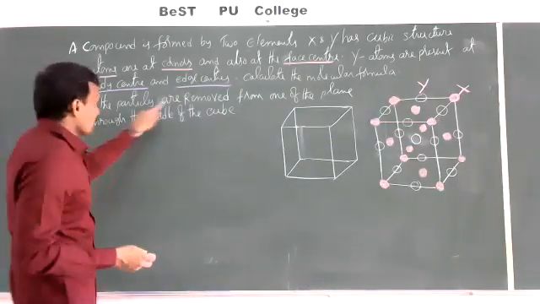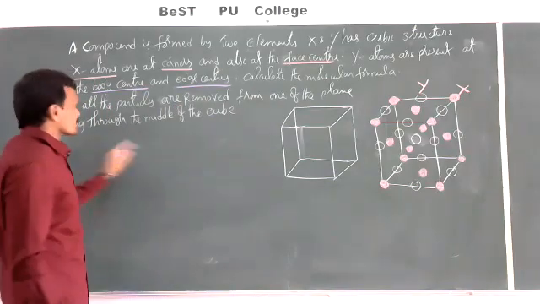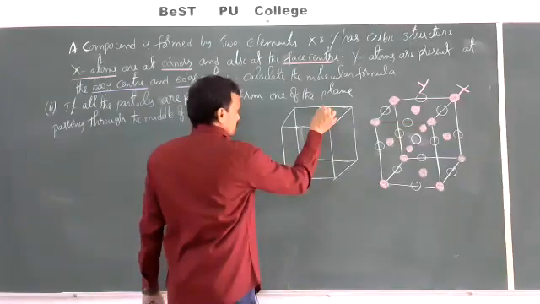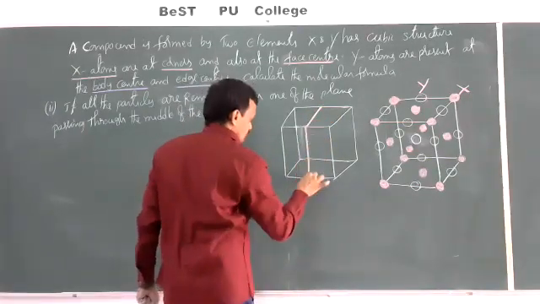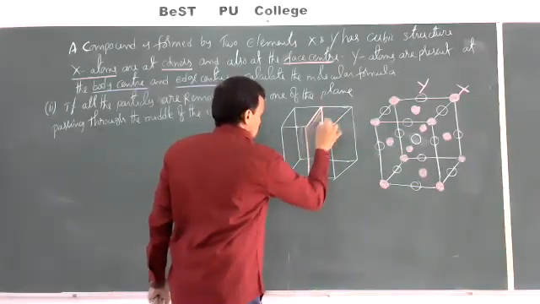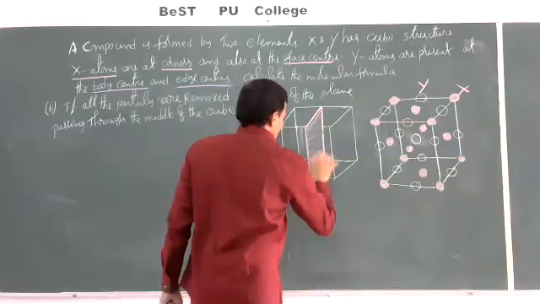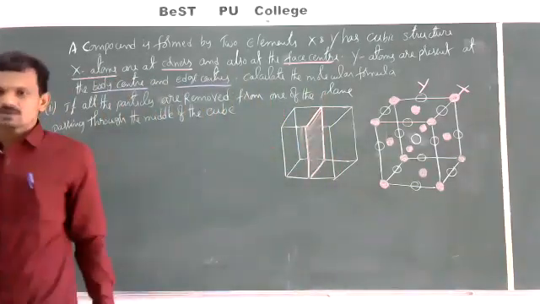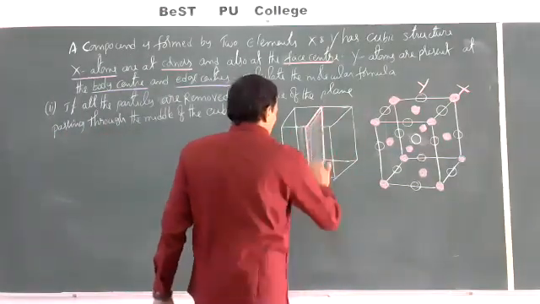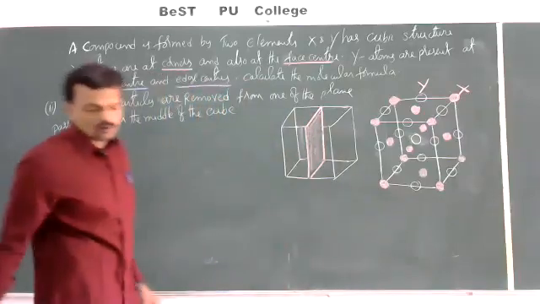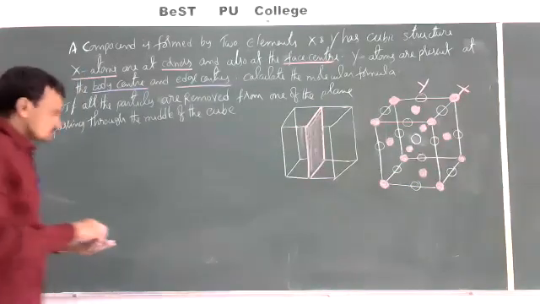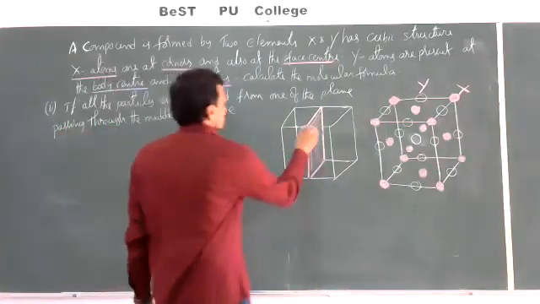See here, if all the particles are removed from one of the planes passing through the middle of the cube, from the middle of the cube I am going to take one plane here now. This is the plane which is passing through the middle of the cube. Now we have removed all the particles which are present on the middle of the cube. See, what are the particles present on the middle of the cube here?